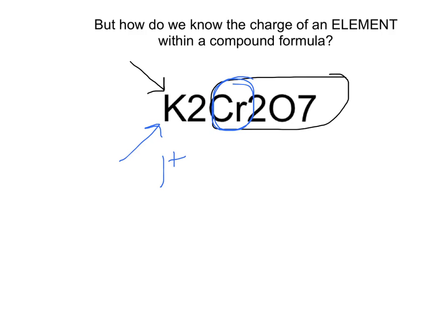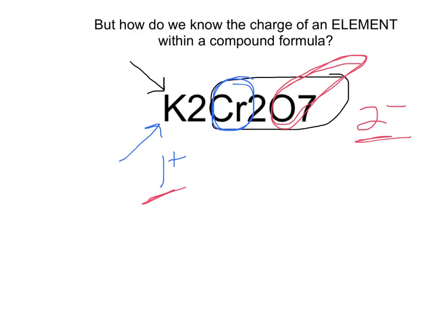The other thing we can be pretty sure of is that oxygen, well, usually always, there's a few exceptions, but for your use in this class, you can pretty much always say that oxygen has a 2- charge on it. So if you were asked what the oxidation number of potassium was, you would say +1. If you were asked what the oxidation number on oxygen was, you would say 2-. We've been asked to determine the oxidation number of chromium.